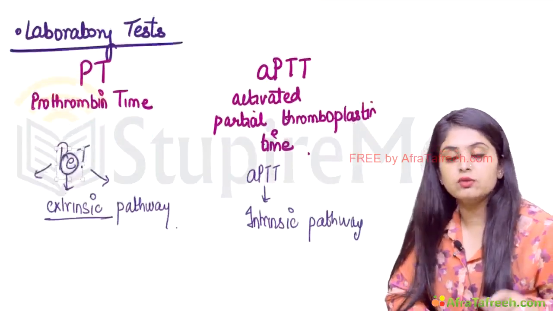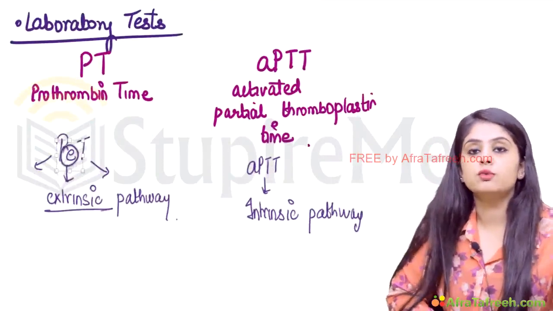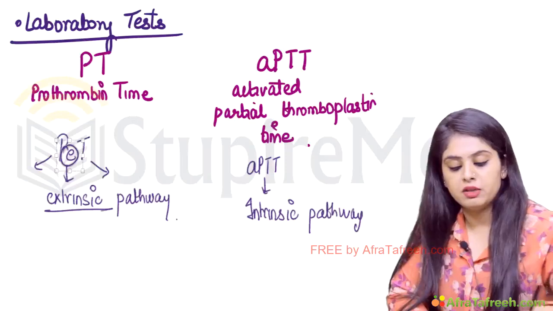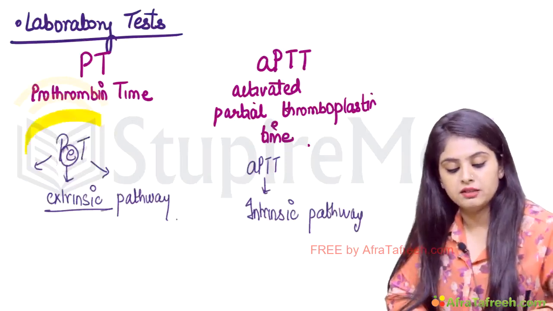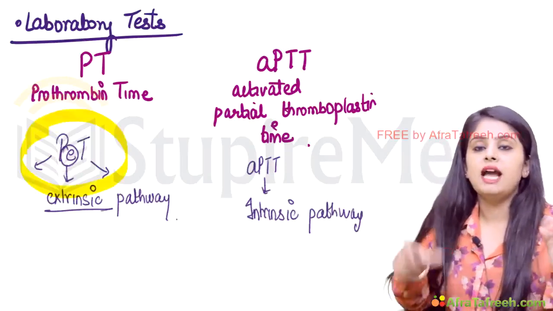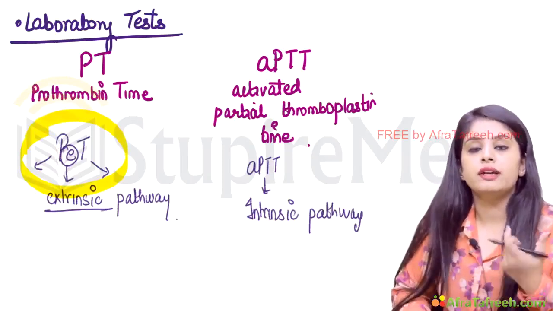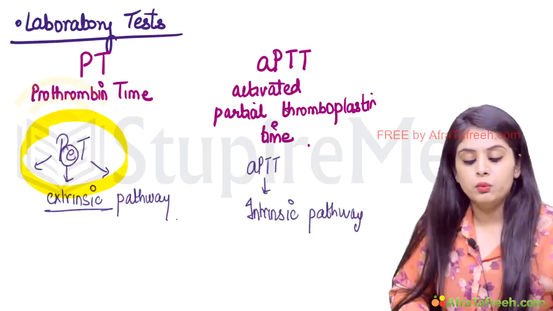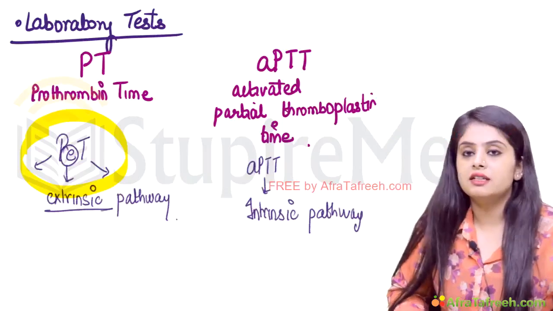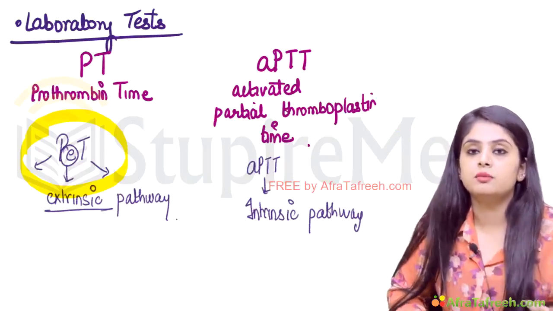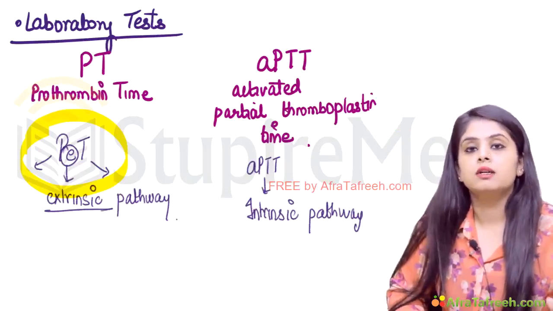And this is also one of those questions where the students tend to confuse which test is for which pathway. So you are going to remember a mnemonic known as PET, where P and T are for prothrombin time and the E refers to extrinsic pathway. We will be discussing these tests in greater detail, with how the sample is collected and how the test is performed, when we deal with platelets.